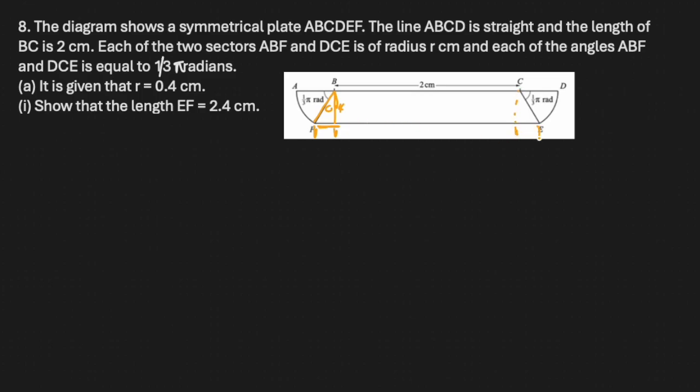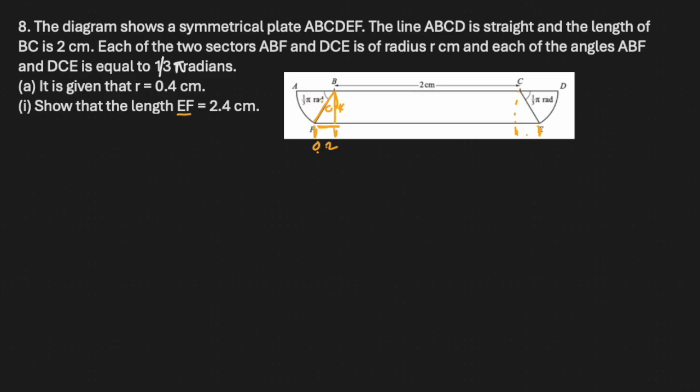These two lengths I will add to 2 centimeters and I'll get the length of EF. So basically I have to prove that this is equal to 0.2. If this is 0.2 and this is 0.2, both will add up to 2 centimeters and we'll get 2.4 centimeters. So how can I do that?